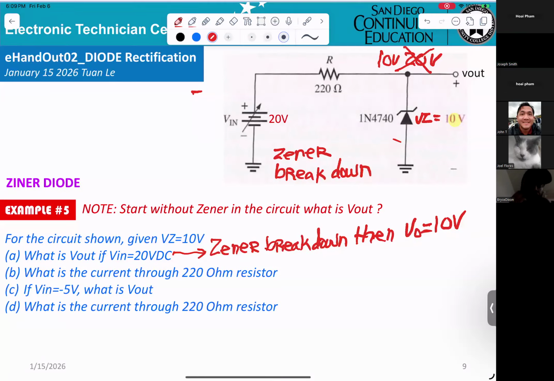Okay, number 2. They asking about current. Okay, you understand the Ohm law. I equal V over R. V means the voltage difference between 20 volt and 10 volt. 20 minus 10 divide 220.